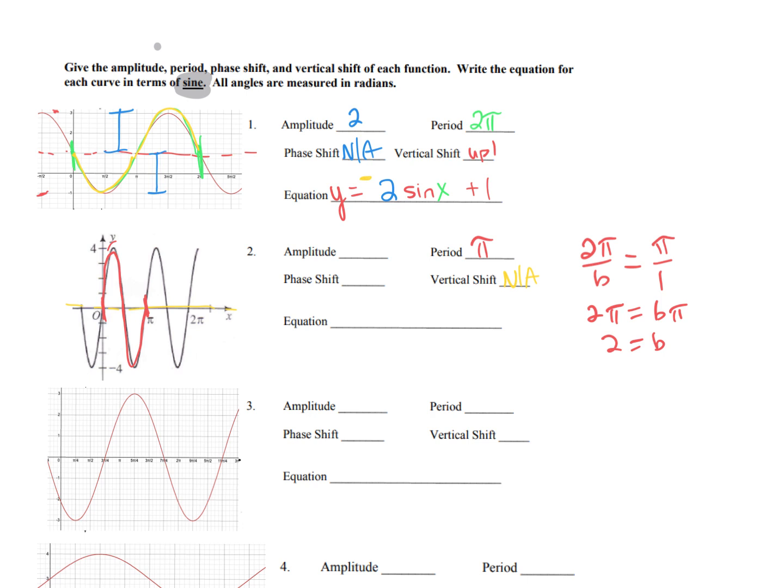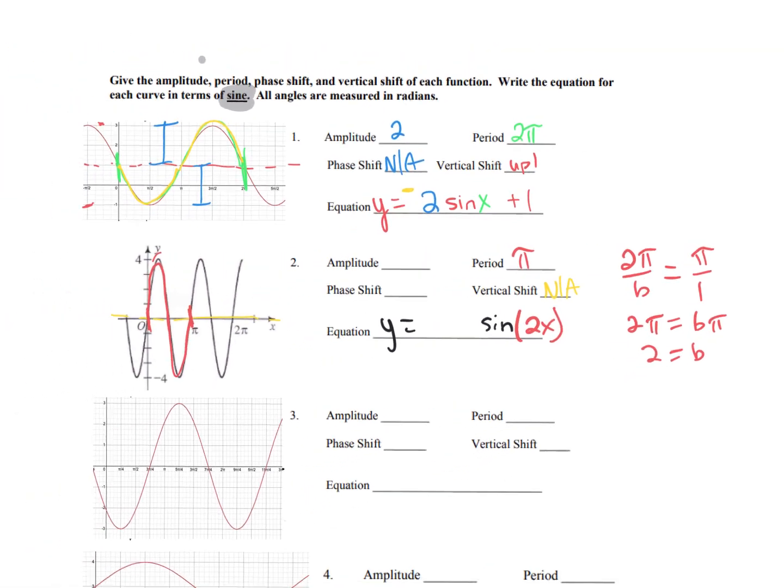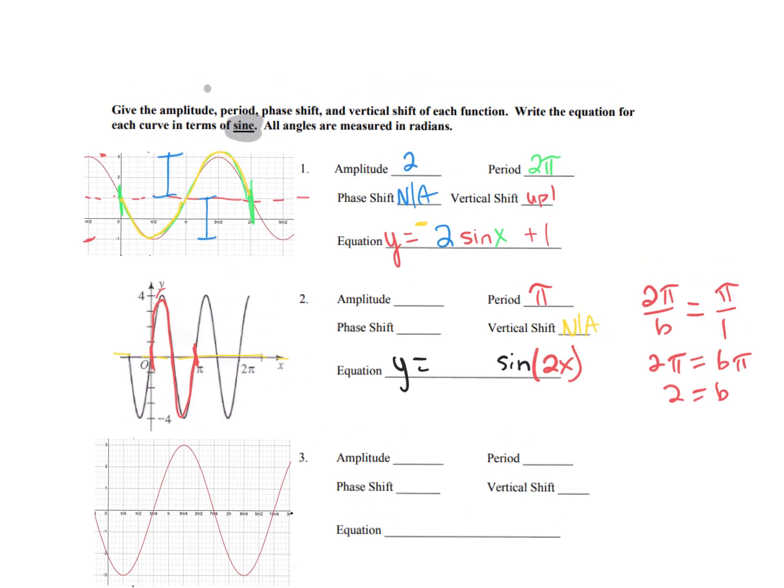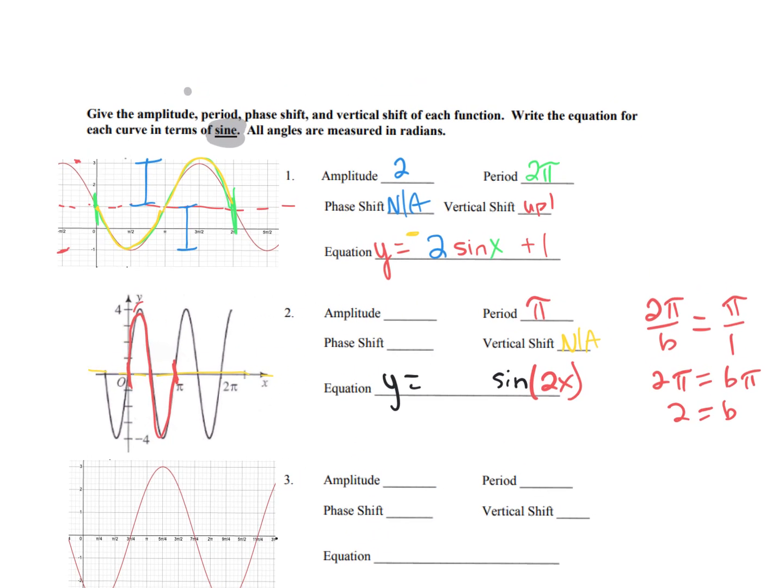So we know we have y is equal to sine of 2x. What are you calculating here for the 2 for b?